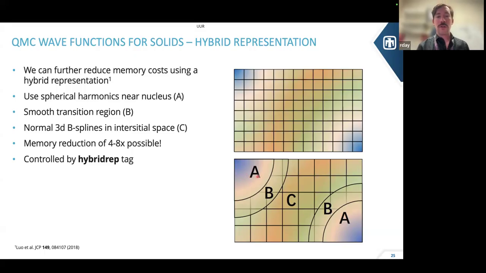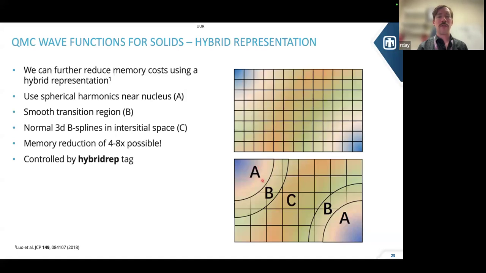So what you do is a localized spherical harmonic, radial spline kind of ansatz for the area inside the muffin tin. You use a standard rectilinear grid for the interstitial region, and then you have a nice little mixing region to continuously move between the two.